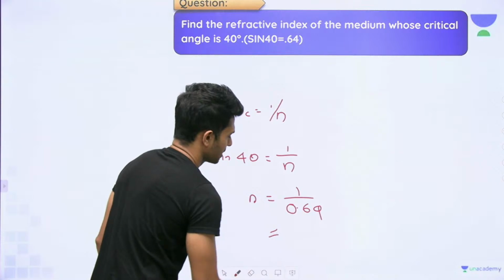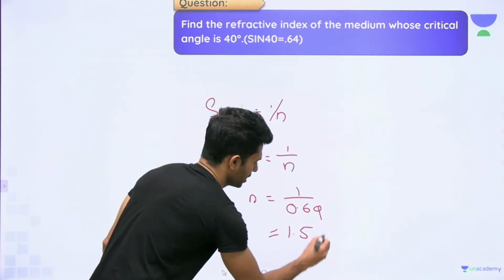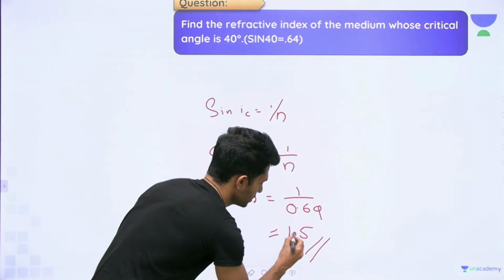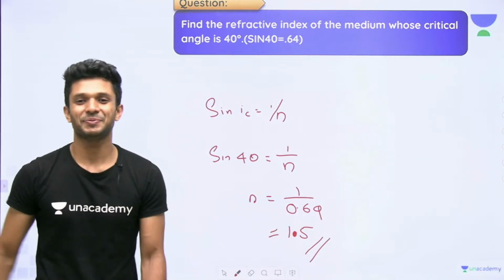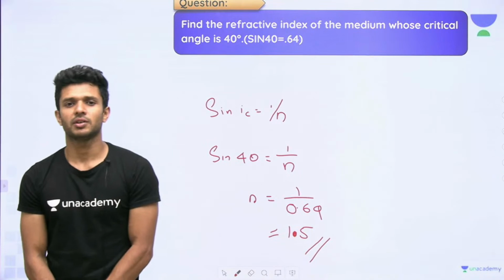How much will it be coming? 1.5 almost. You will be getting a value for refractive index almost as 1.5.